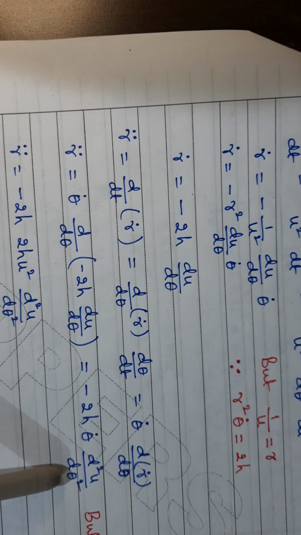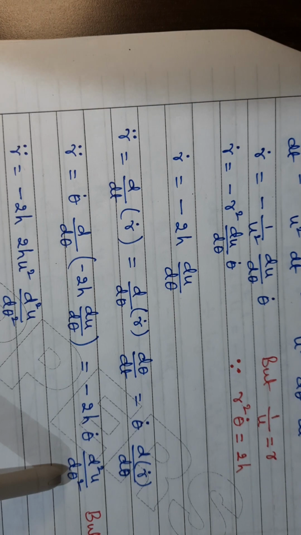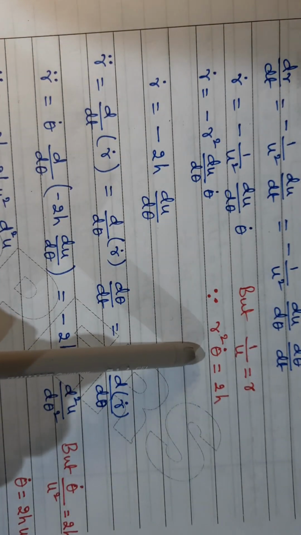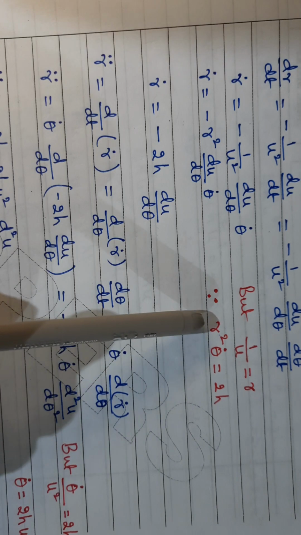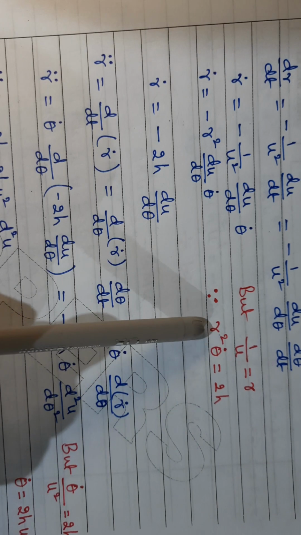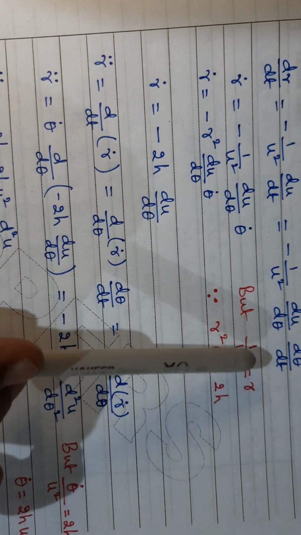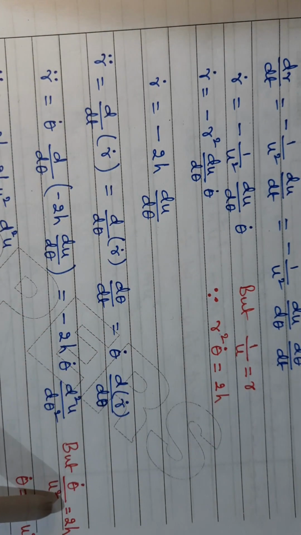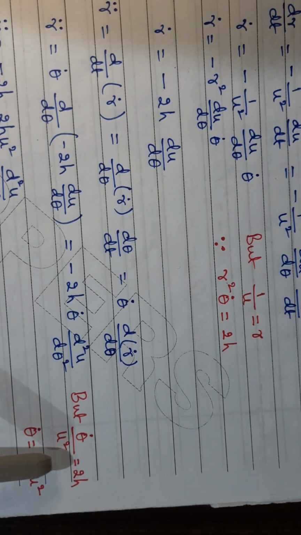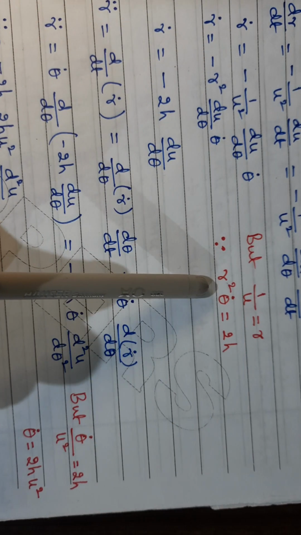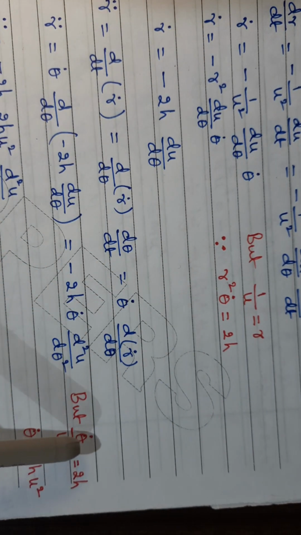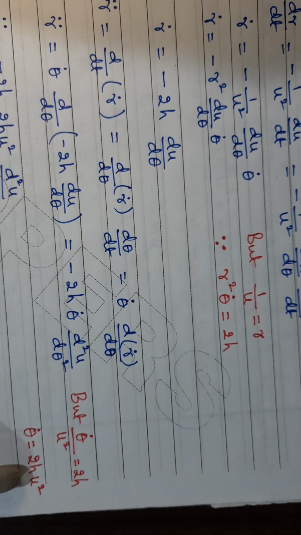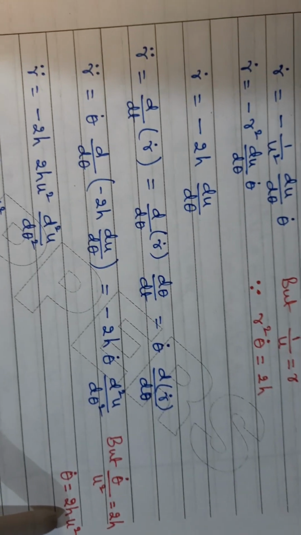But we know that theta dot divided by u square is equal to 2h here. This is theta dot r square, correct? But r is equal to 1 by u, so r square is 1 by u square. Therefore, theta dot divided by u square is equal to 2h. Therefore, theta dot is equal to, cross multiplication, 2h u square. So, substitute that value here now.